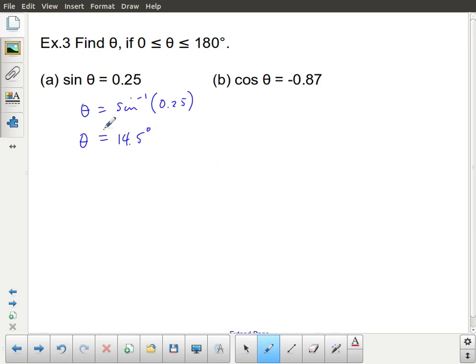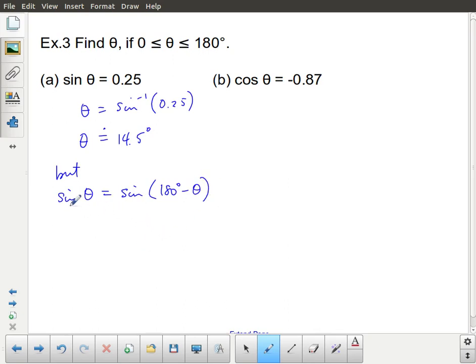And that's approximate. But we have a relationship that says that the sine of theta must be equal to the sine of 180 degrees minus theta.